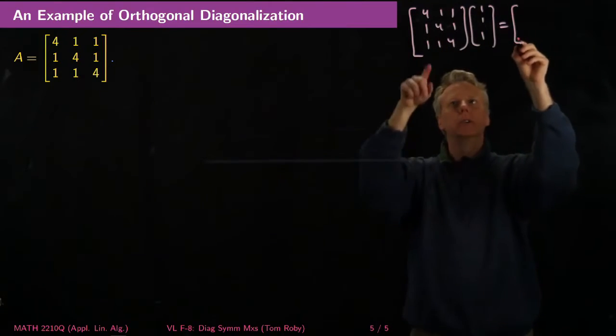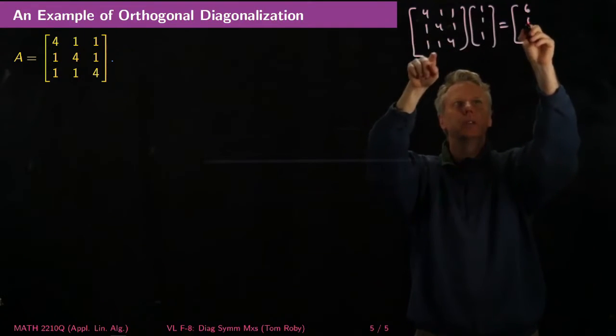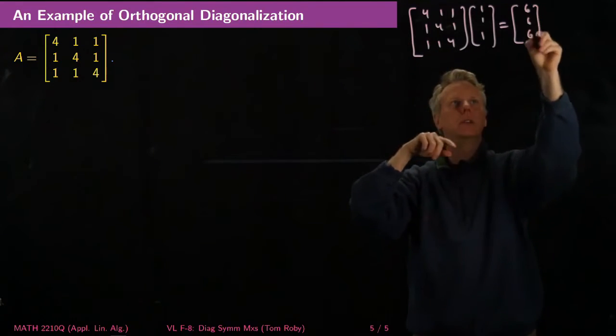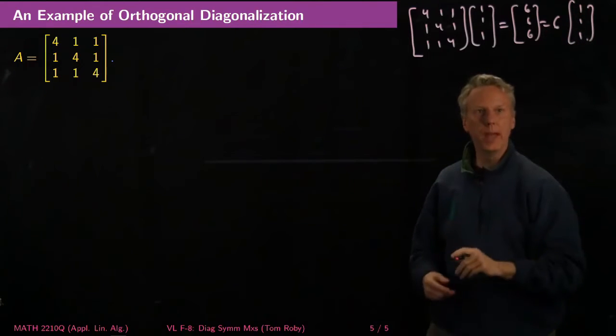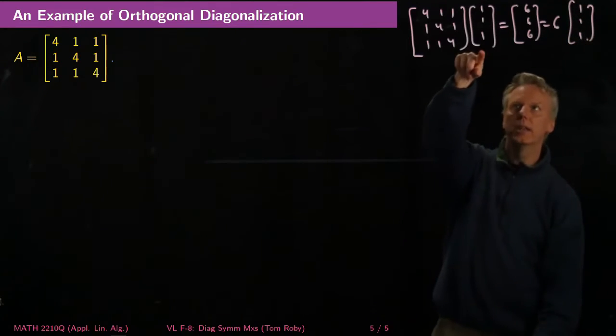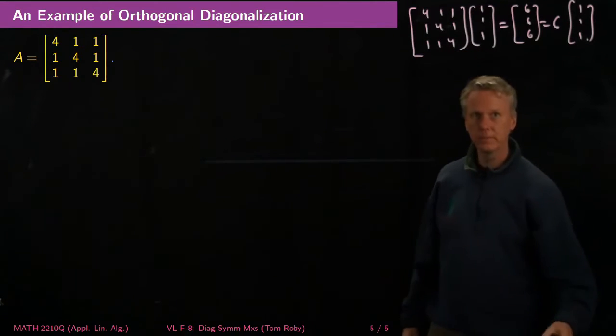So what do you get? 4 plus 1 plus 1 is 6. 1 plus 4 plus 1 is 6. 1 plus 1 plus 4 is 6. And that's 6 times 1, 1, 1. So this is an eigenvector corresponding to the eigenvalue 6.